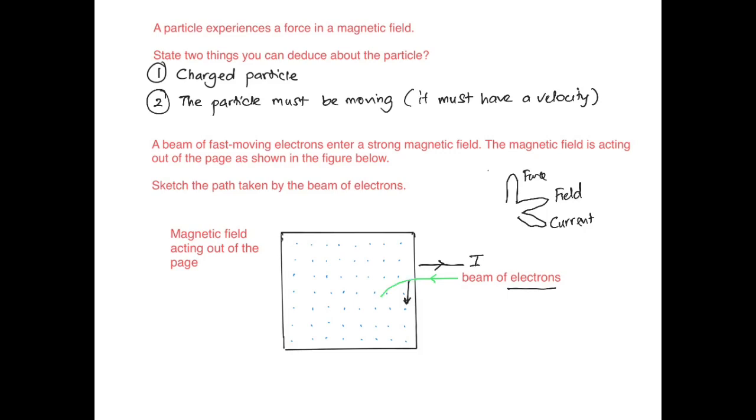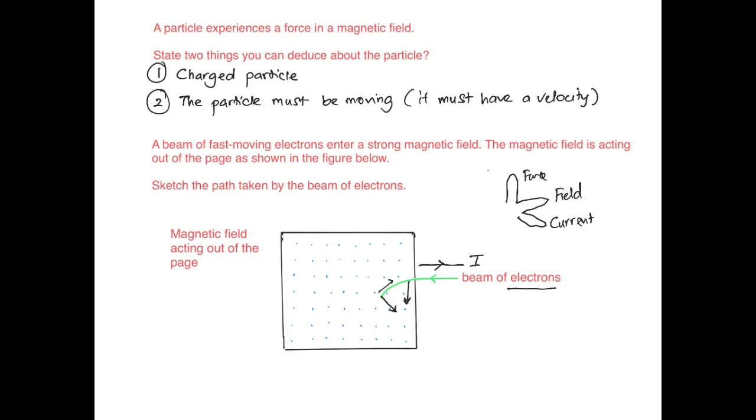Now, the interesting thing about this is that as the direction of the beam changes, its direction of the current also changes in that sense. And technically, once it has moved this way, you can say that the direction of the current at this instant is this way. And if you apply Fleming's left hand rule again, you'll find that the direction of the force will follow it in this way.